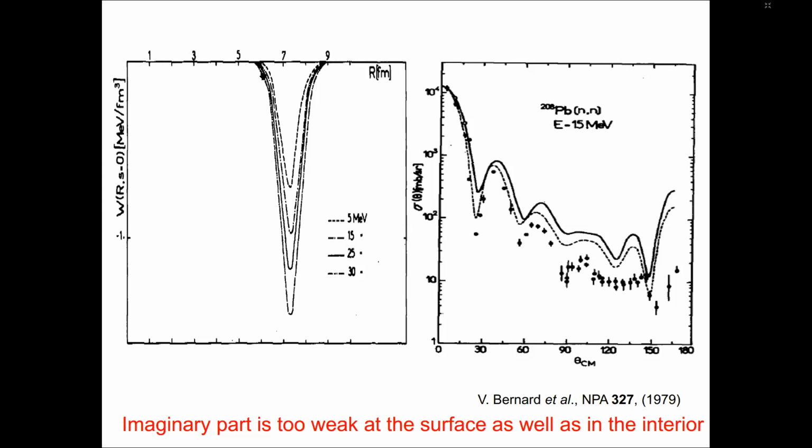So you can see that in the end they have no absorption inside, but of course they have absorption on the surface. And on the right-hand side, based on the optical potential, they obtained the result: the solid line, I remember, yields the SII interaction, and the dashed line the SIII interaction, at 15 MeV for neutron elastic scattering on lead 208.